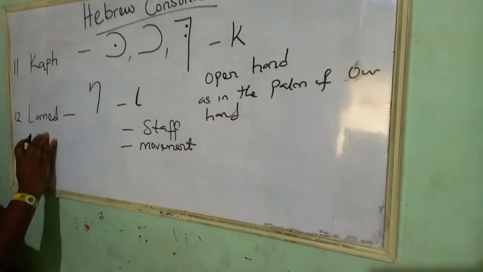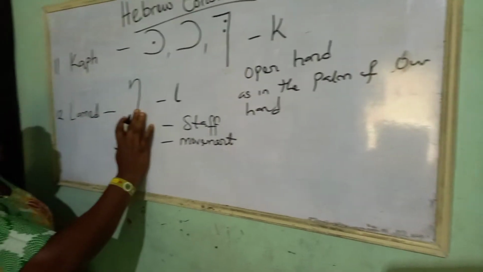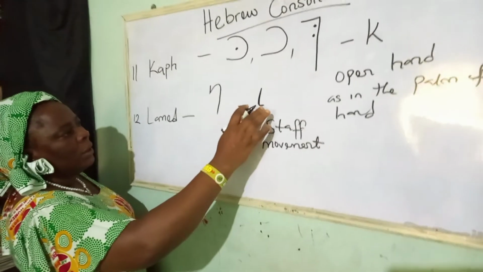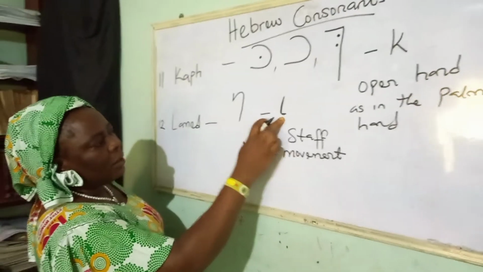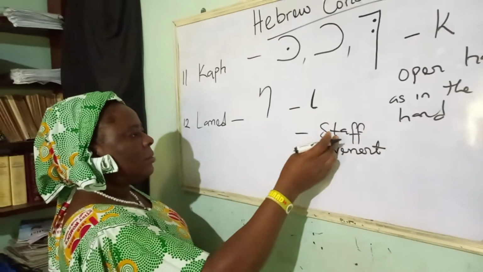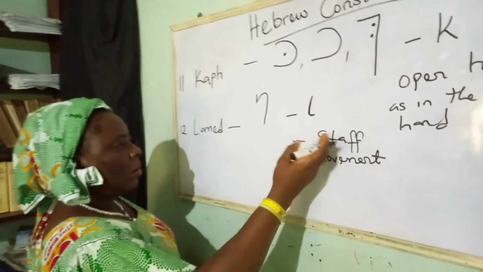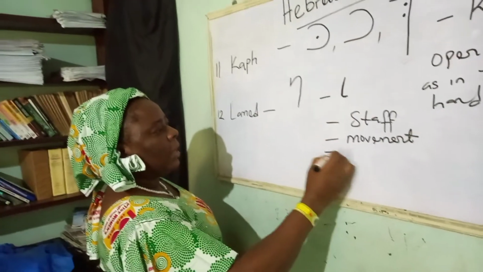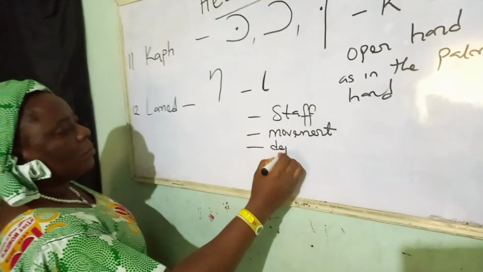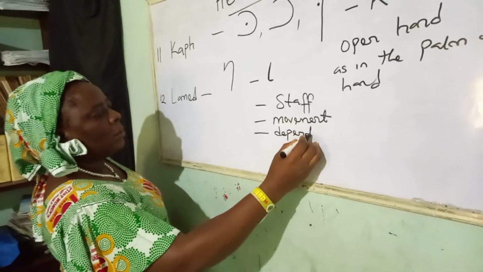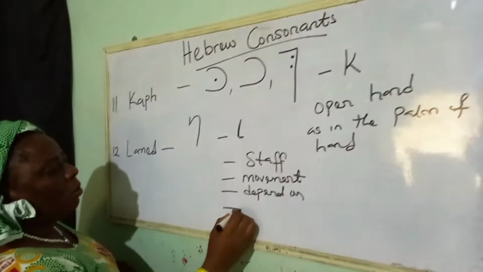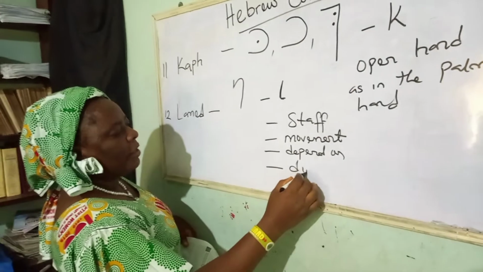So Lamed is written this way. The equivalent in English is L. The meaning is staff, movement, or something that you depend on, or something that gives direction.